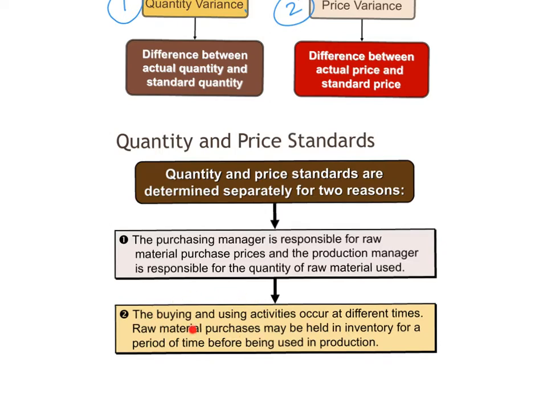When you purchase the raw material, it is the responsibility of the purchasing manager, but when you use the material, it is the responsibility of the production manager. So when you want to investigate why there is a material variance, we have to look at these two, quantity variance and price variance, so we know whose fault it is. Is it the purchasing manager's or the production manager's responsibility?